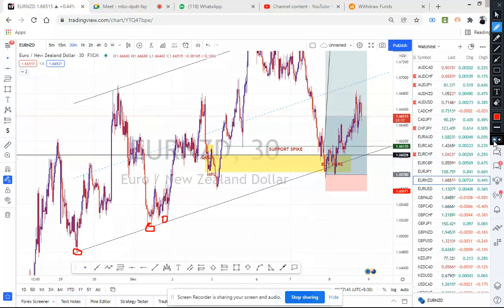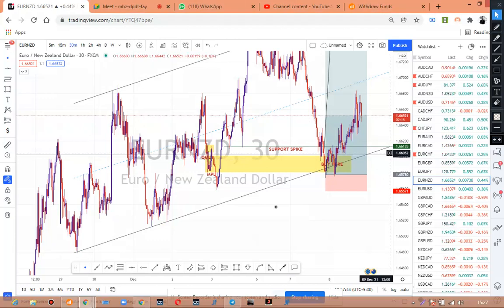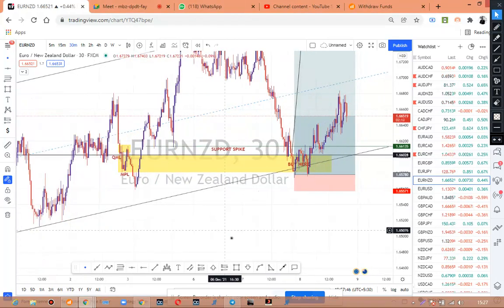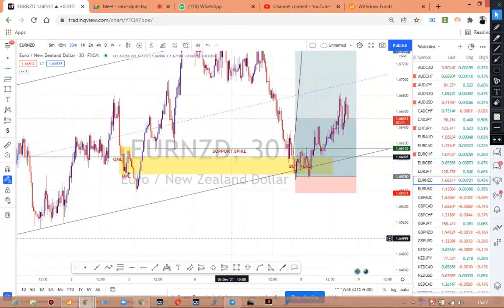So then I decided to enter the trade below. Then I looked on the left side. We still have the QML and the maximum pain level. Also above it, we have some resistance, where the sellers tried to sell the market and they stopped out. Here we have the drop. We have the QML.